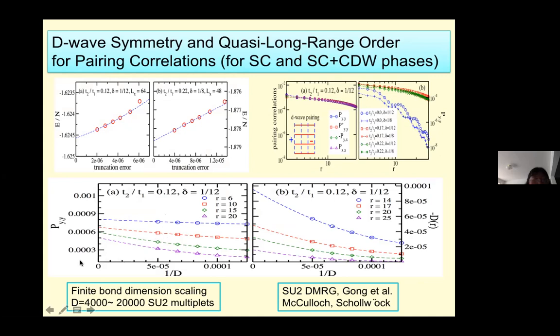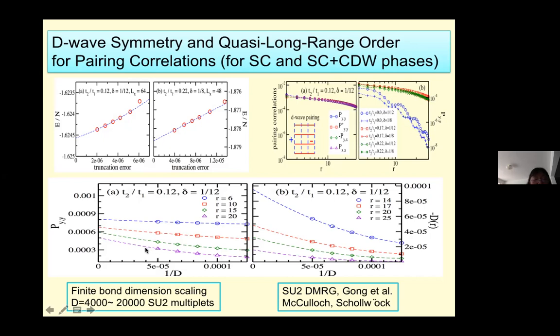So you have the pairing correlation at different bond dimensions. Then you do a 1/D extrapolation to get the correlation at infinite bond dimension. That scanning is extremely smooth for shorter distances.